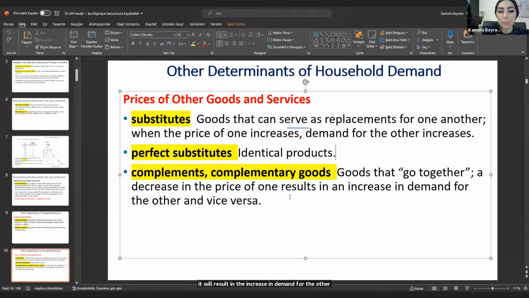For example, let us say there is a decrease in the price of pasta, spaghetti. If spaghetti was 2 USD, I started to sell it for 1 USD. The more spaghetti you consume, and let us say people consume spaghetti only with ketchup, the more ketchup I will demand, because they are going together.